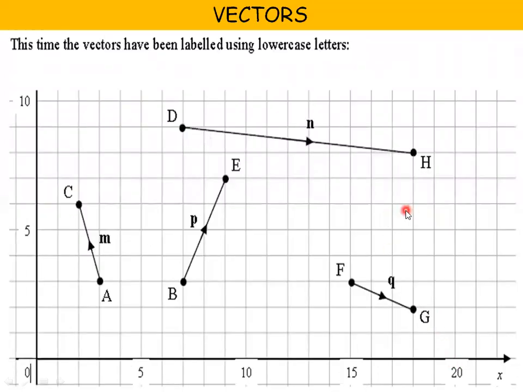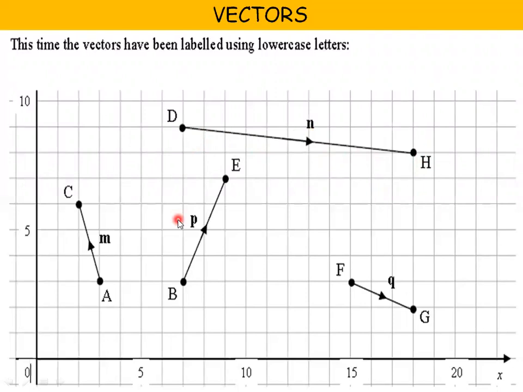Now, this time around, we have decided to label the vectors that we have initially described with the start point and end point. We have decided to represent them with small letters or lowercase letters. So vectors can be presented as a directed line segment showing their start point and their end point with capital letters, or they can be represented with just a lowercase letter that can be used to describe the particular vector.